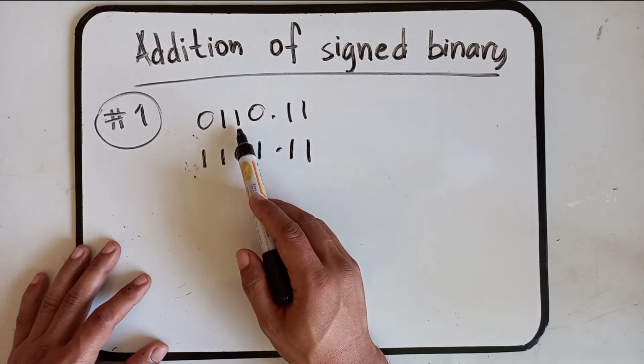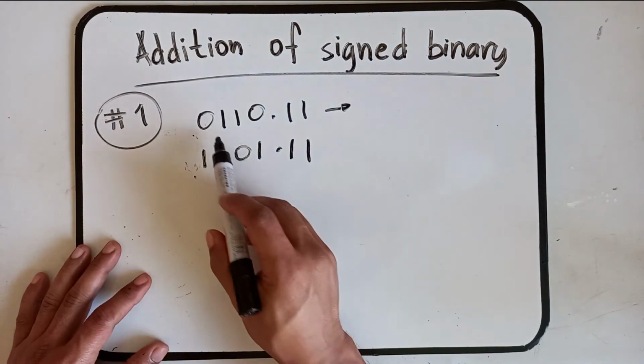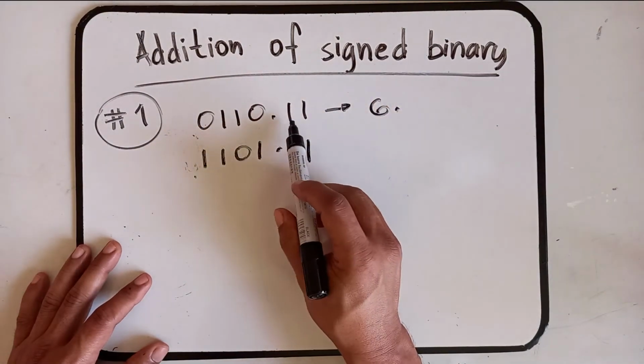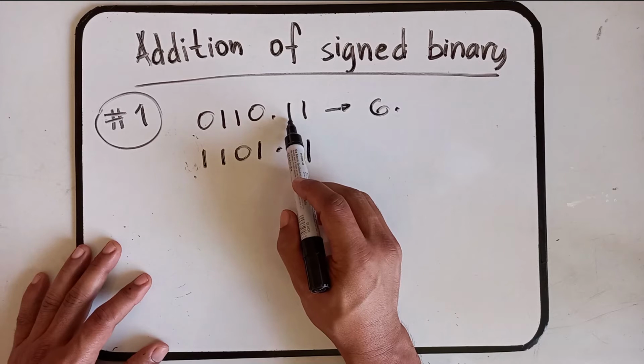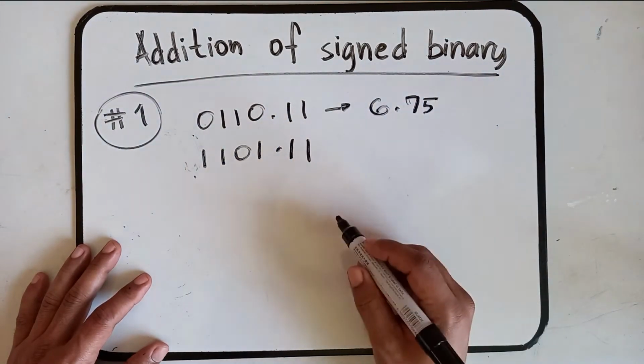Now let's try to identify the decimal form of the first given. So this is 6, this is 0.5 and 0.25. Therefore, this is 6.75.